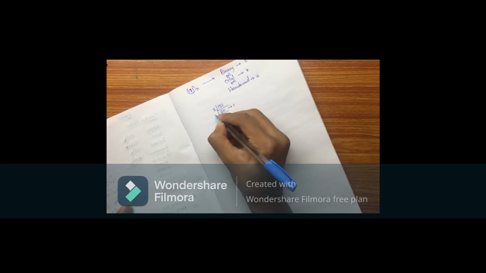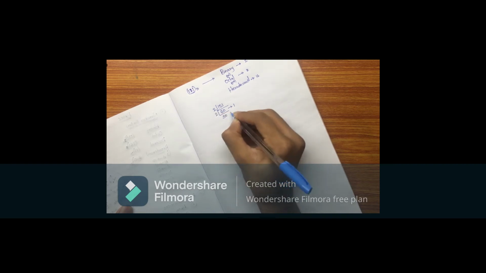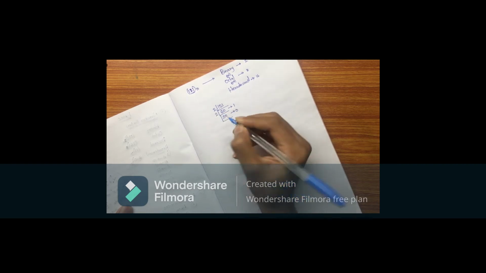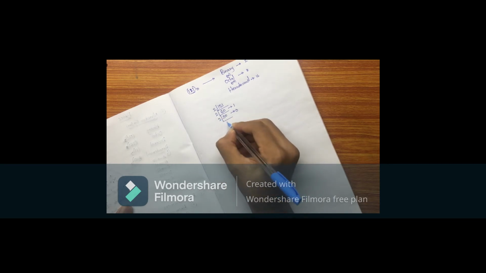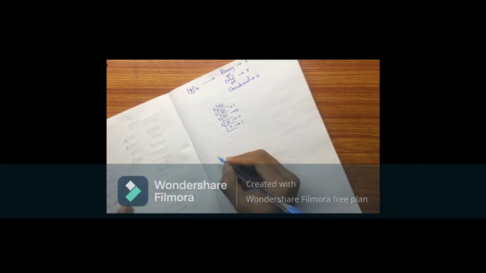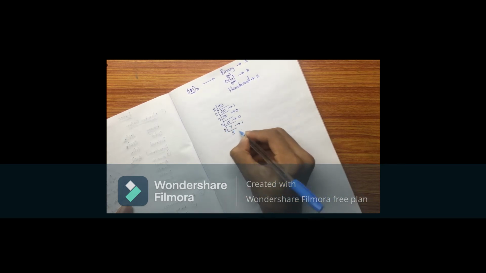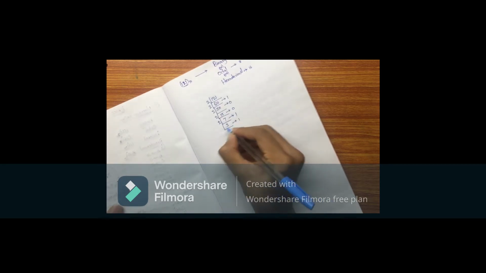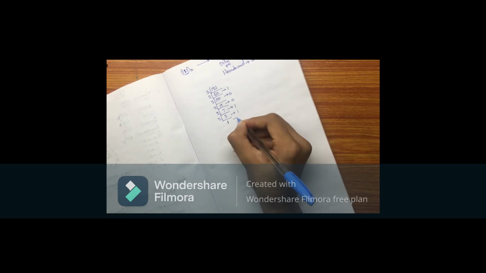Then again 2, 30, 0; 2, 15, 0; 2, 7, 1; 2 3s are 6, 1; 2 1s are 2. Then the remainder will be 1.